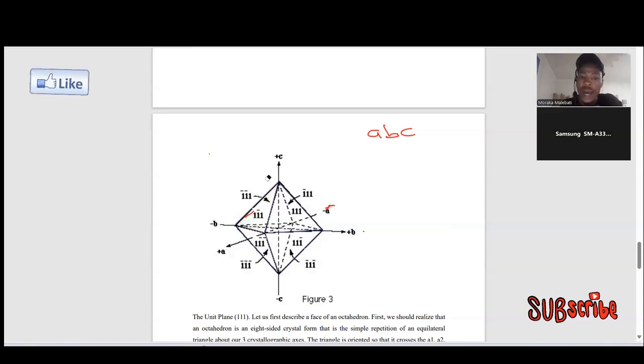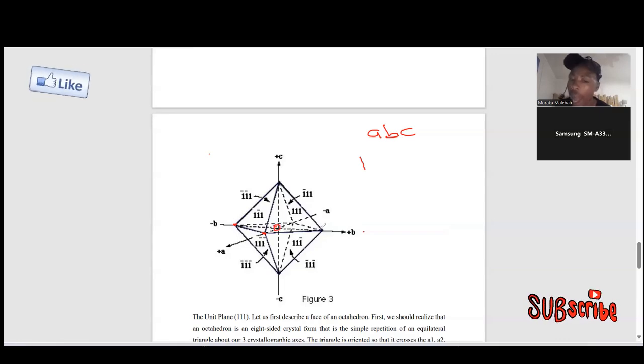I've shaded the area. All right, let's check. We always start with A. We have this plane. Does this plane intersect A? Yes, it intersects here at this corner, so we put 1. Do we have an intersection for B? Yes, here. But this is not positive B. This is the 0 of the frame of reference.